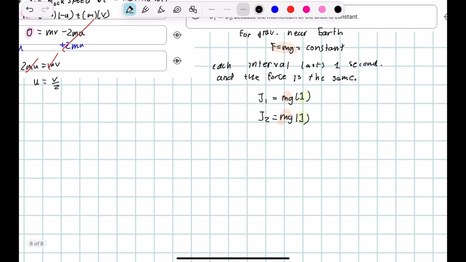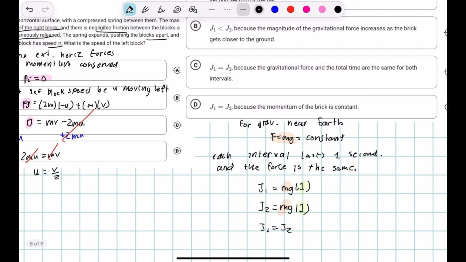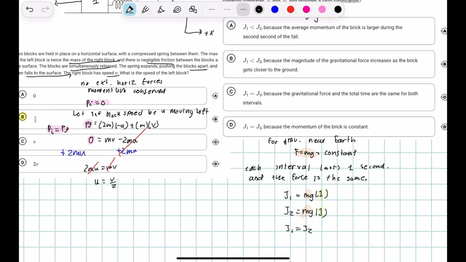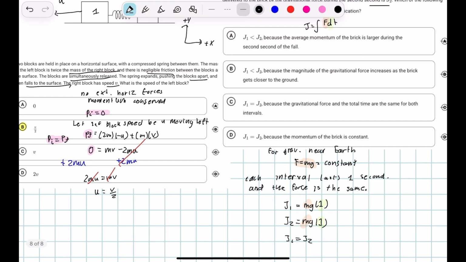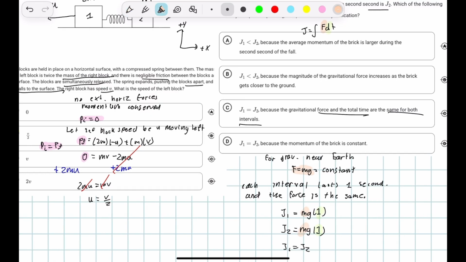And we know that J initial is equal to J2, so force and time are both the same for both intervals. Therefore we know it's going to be C.